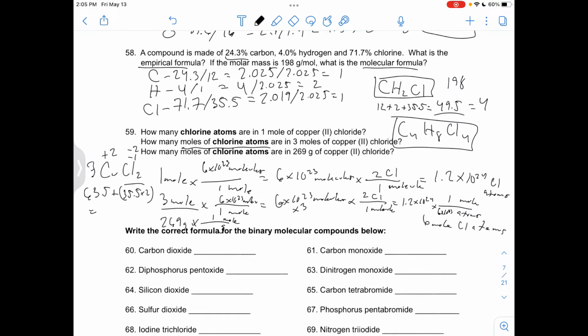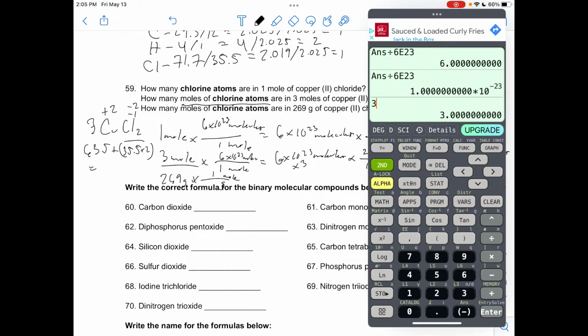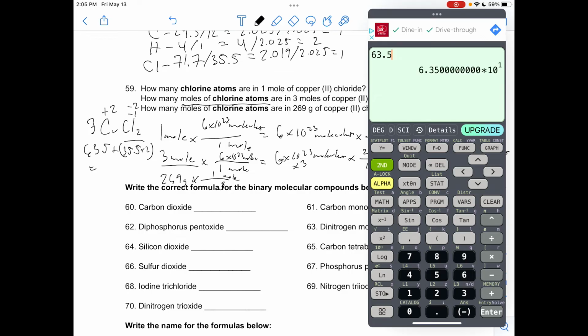That's chlorine. And that's going to be equal to 134.5.